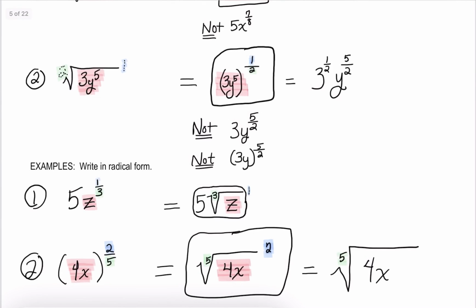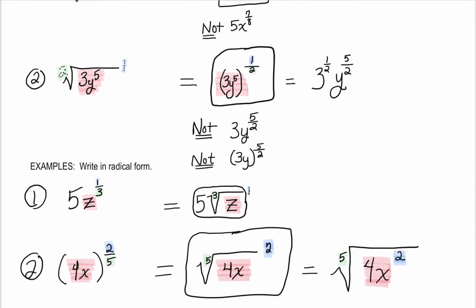But now if I bring that 2 inside the radical, think about what the issue might be here. Let's say I only wrote it as a 2 here. I just brought that 2 inside the radical in that way. What would be the issue of that? Well, guess what? That implies that only the x is being raised to the 2nd power.